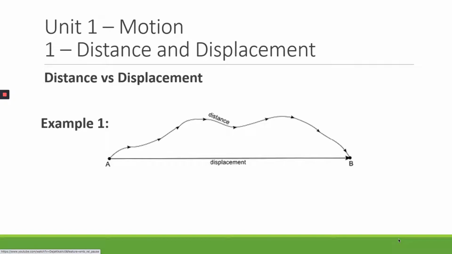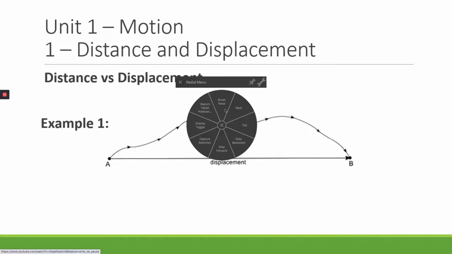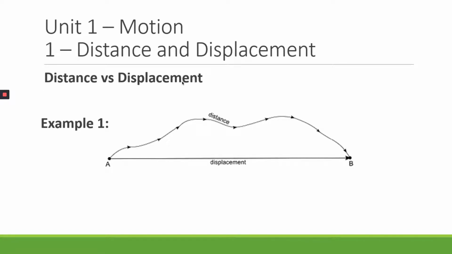Here's some examples. So example 1, we have another A to B, and you have your displacement down here, which is a vector, and your distance. Your distance could be some number. Say, we'll make up some numbers here. Your distance would be 8 kilometers.